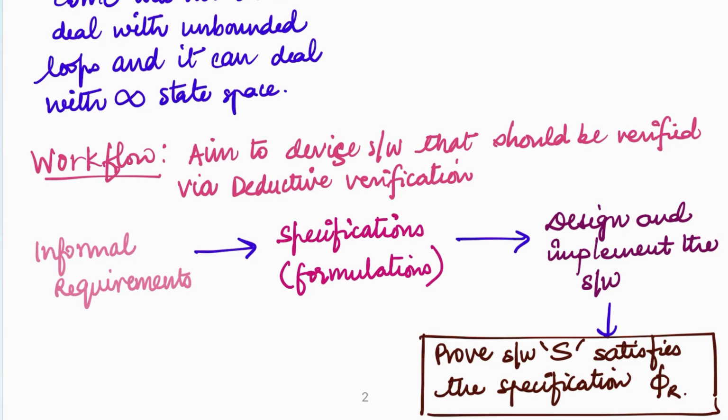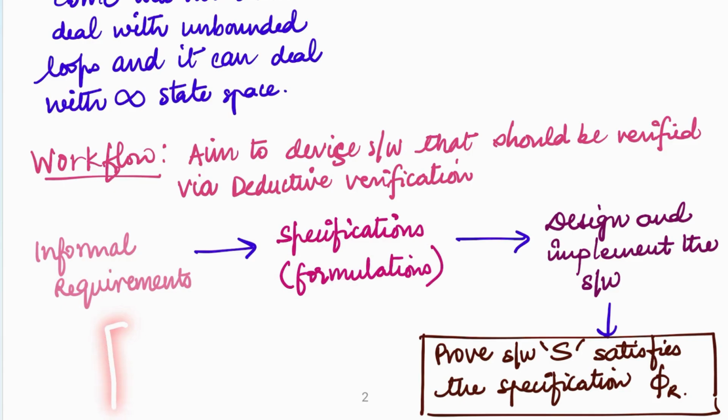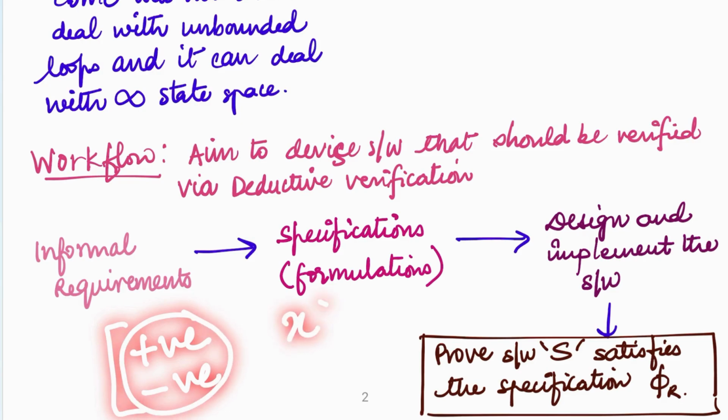Now, informal requirements once given, specifications or formulations can be made of the informal requirements. The informal requirements, let us suppose there's a program for finding positive and negative numbers. Now, you can say that x can be greater than 0 or x can be less than 0, but not 0 anywhere.